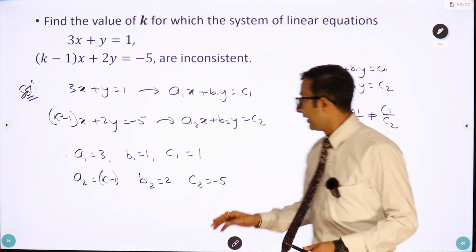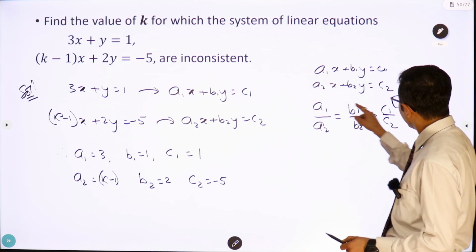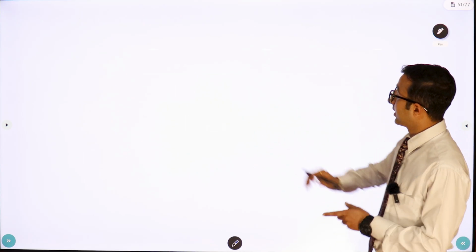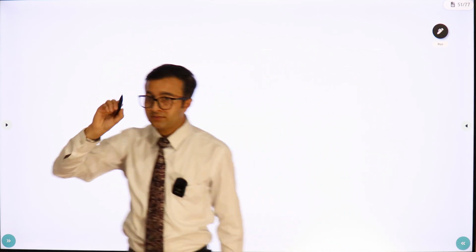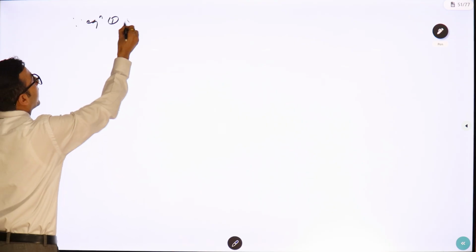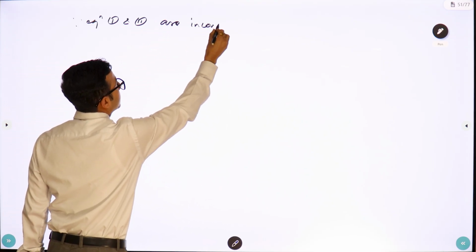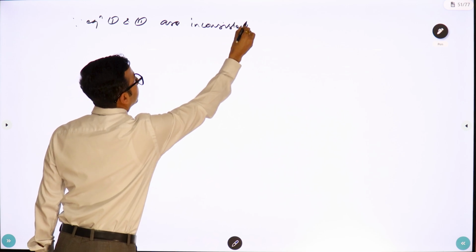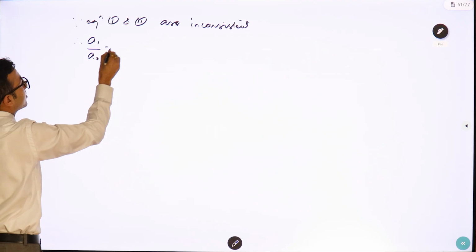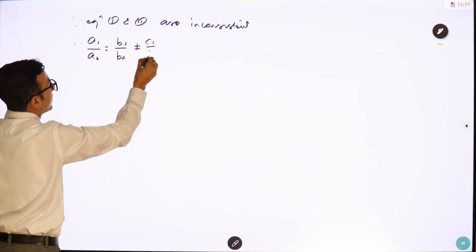Now we will put these values, 3, 1, 1, k minus 1, 2, minus 5, into the condition and we will get the solution. Since equations 1 and 2 are inconsistent, therefore a1 by a2 is equal to b1 by b2 but not equal to c1 by c2.